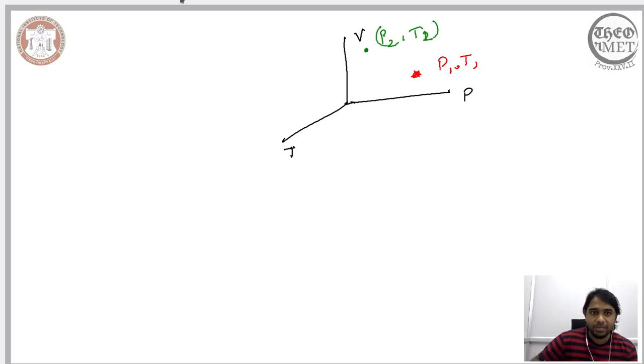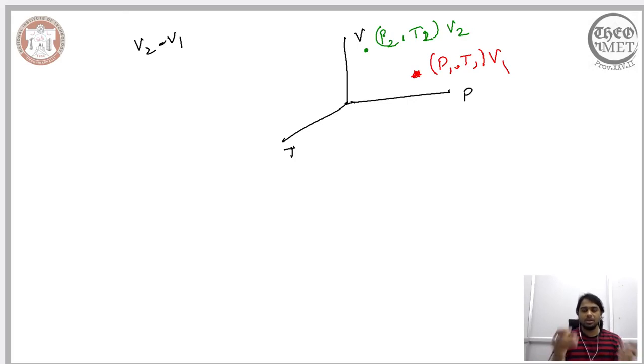By fixing the temperature and pressure in the initial state, we are ultimately fixing the volume there as well, and the same for P2 and T2. Now the change in the system can be quantified as V2 minus V1. Because V2 and V1 are state variables, we are able to calculate the overall change in the volume of the system in this manner.